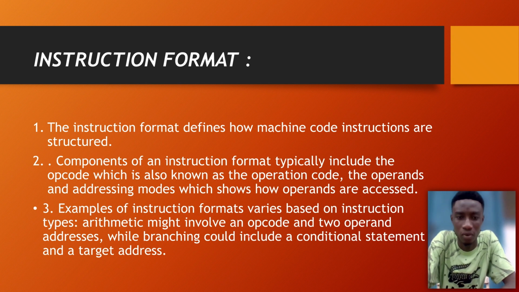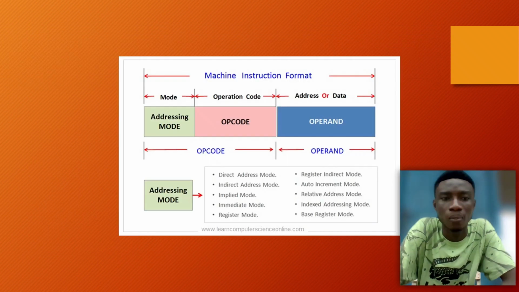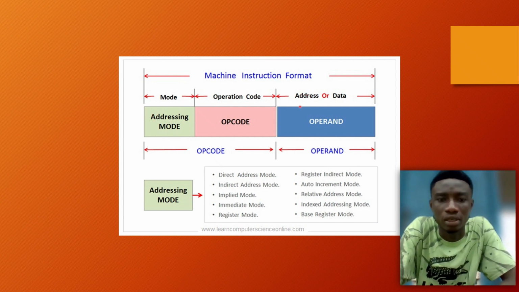Arithmetic might involve an opcode and two operand addresses, while branching could include a conditional statement and a target address. So here is an example of the machine instruction format. This is the addressing mode and the opcode, and here is the operand.